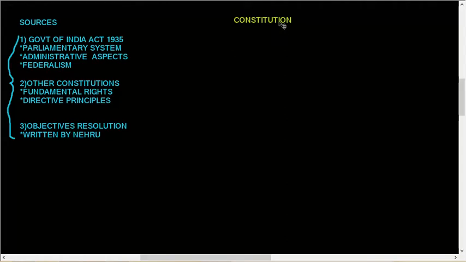I don't want to use the word parts because the Constitution itself has parts, Part 4, Part 5, etc. But it's divided into three big chunks, and they are the preamble, the articles, and the schedules.